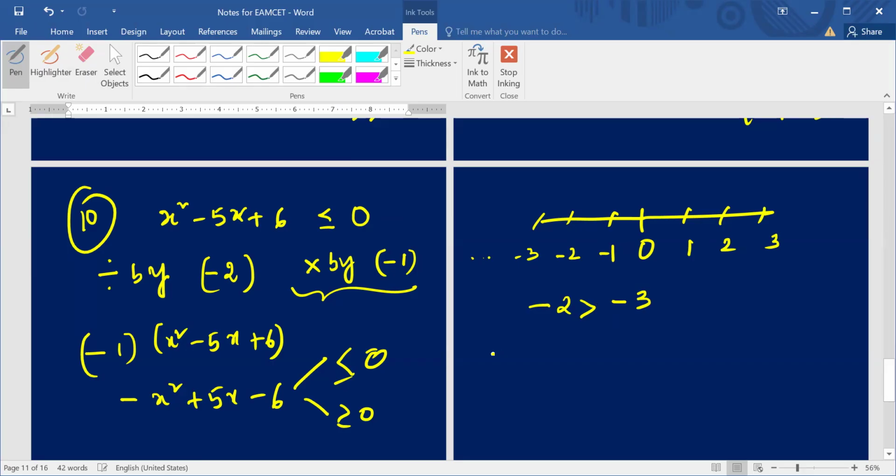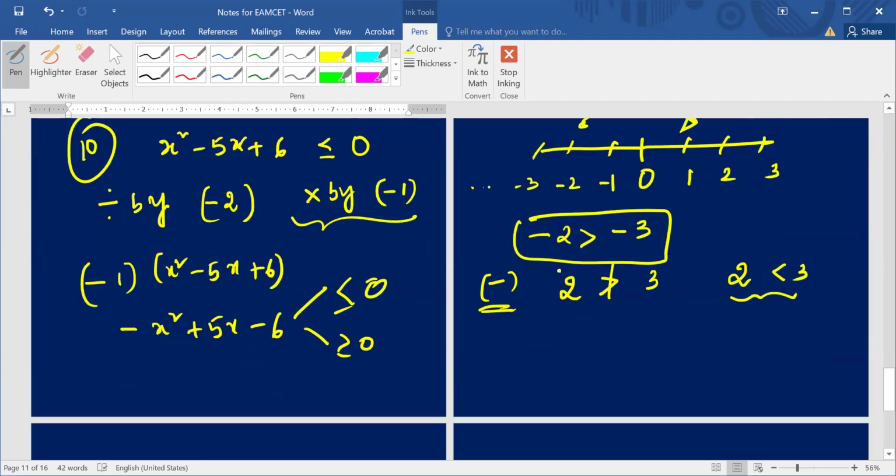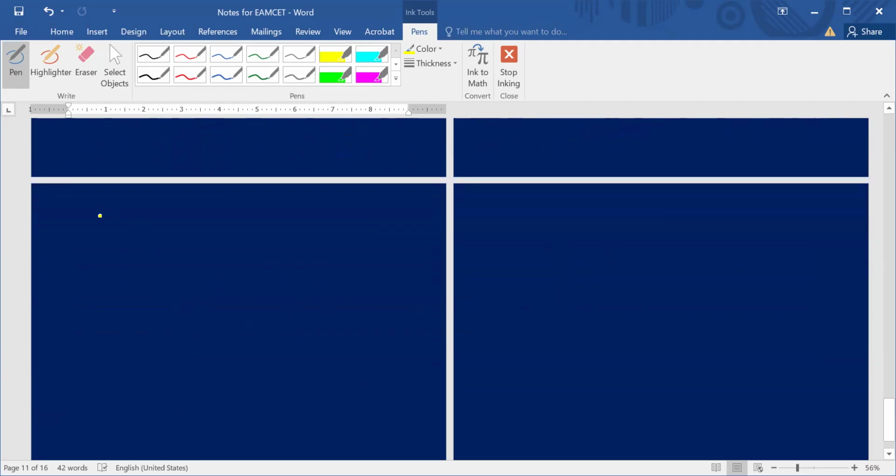But if I multiply with a negative sign on both sides, this will become 2, this will become 3, but the greater than symbol is wrong. What you should write is 2 is less than 3, because on the integer line it is shifting from here to this place. You should be very, very careful in utilizing the negative signs or positive signs with the negative expression.